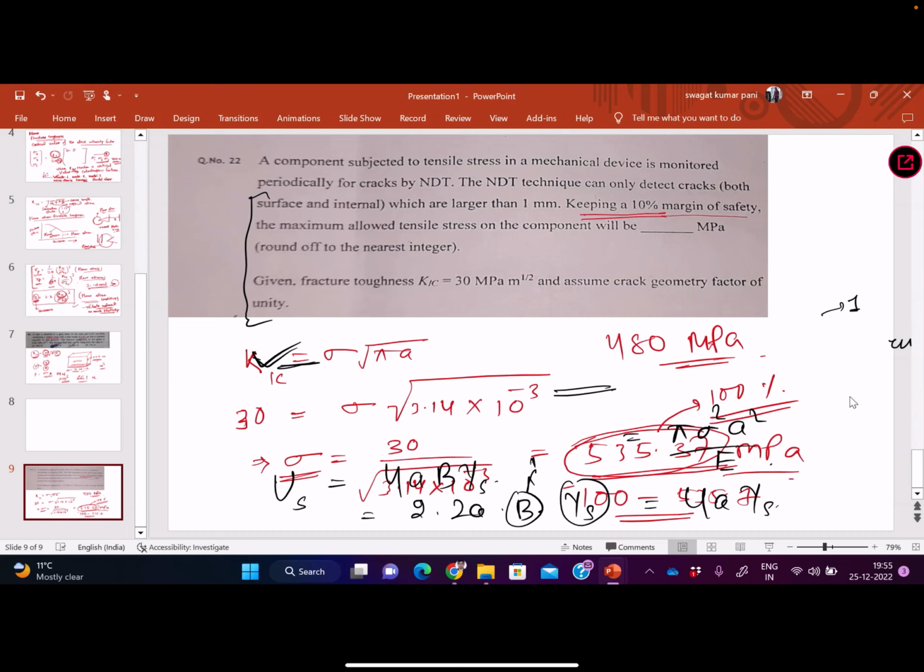Because in the answer sheet given for the GATE question, it was 480 MPa, I think. Since it is given that both surface and internal cracks are possible, we can assume anything. But the crack geometry factor is unity for a center crack only, not for a side crack.